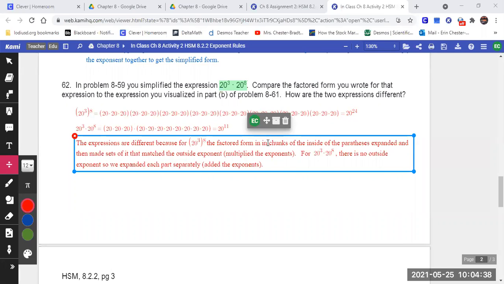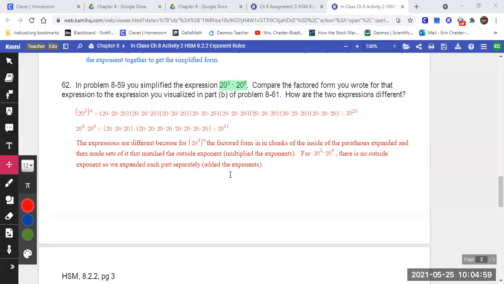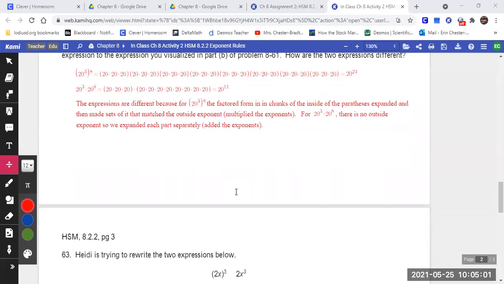We copied to make the same number of sets as the outside exponent, which means we're going to be multiplying those exponents. But for the second one, since there's no outside exponent, they're side by side, right? We expanded each separately and added the exponents. Okay, does that make sense?